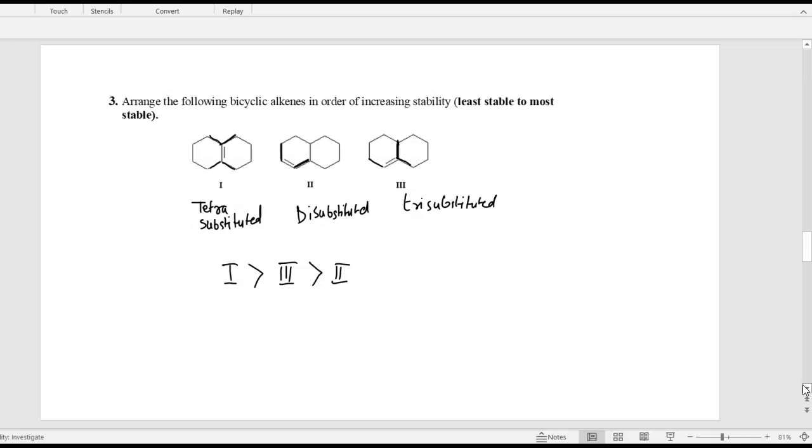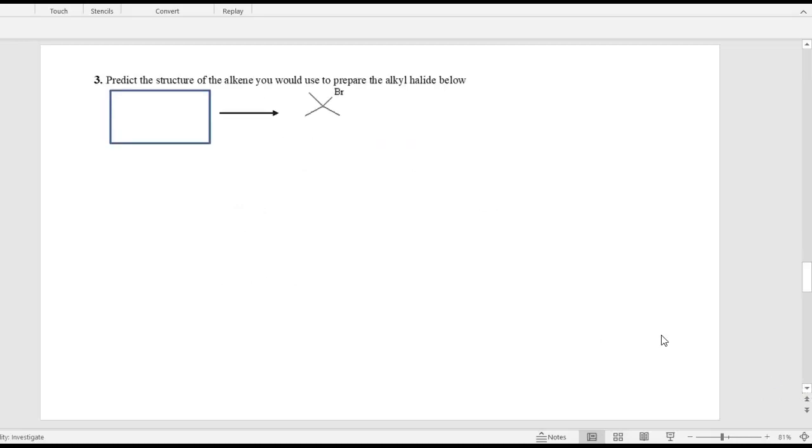Now, predict the structure of the alkene you would use to prepare the alkyl halide below. This is the alkyl halide, so we can draw the structure like this. If you add HBr to it, you will get the product that's given here.